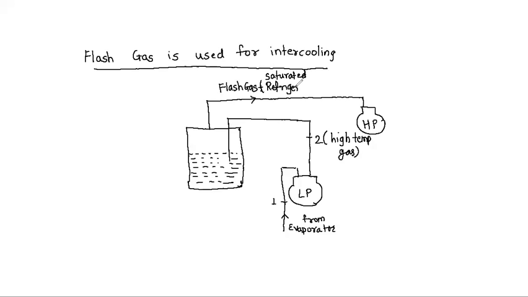I'm assuming that there is a complete intercooling. So the dry saturated refrigerant gas, because of this bubbling of this high temperature gas into the flash chamber, would enter the high pressure compressor. So this is now cooled. There is a perfect intercooling.